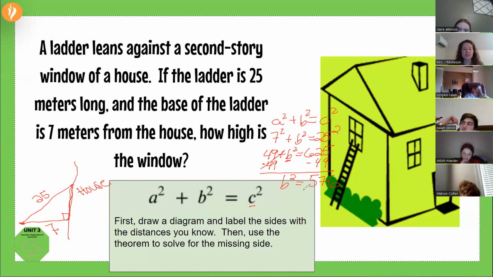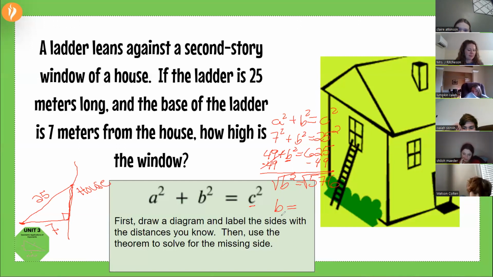B squared is 576. We find the square root of both sides. The square root of b squared is b. And what is the square root of 576?